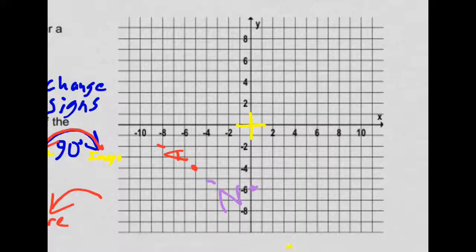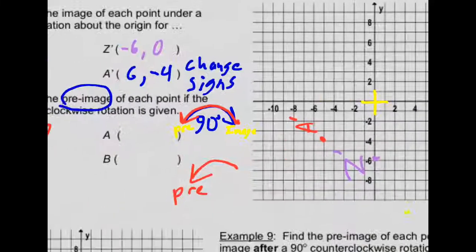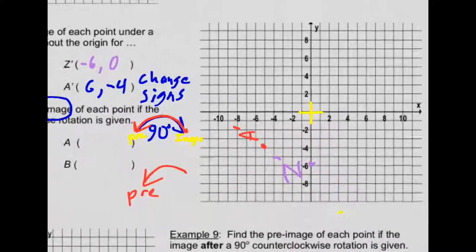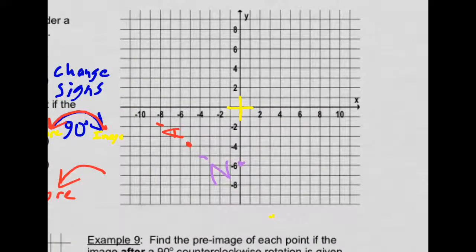Okay. Let me just line this up here. Okay. So it looks like it's going to be negative 5, negative 4. Hold on, looks like I messed up on something here. I started at negative 4, 7. Maybe I missed where I started.